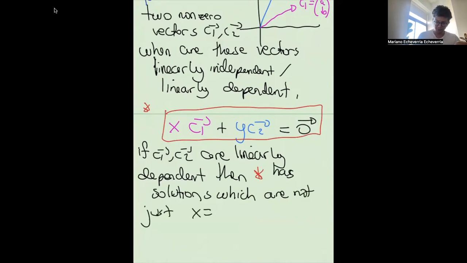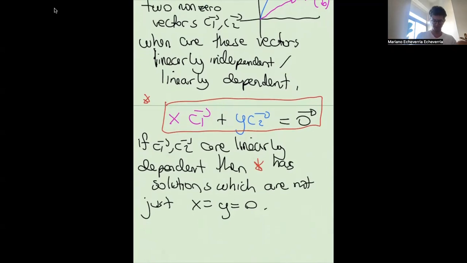Is that making sense? That's what linear dependence means. It means that there are more solutions than the silly one. So linearly dependent means that there are more solutions to the homogeneous system than just putting every variable equal to 0. So at least one of these two has to be non-zero.